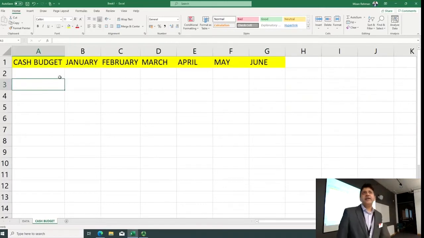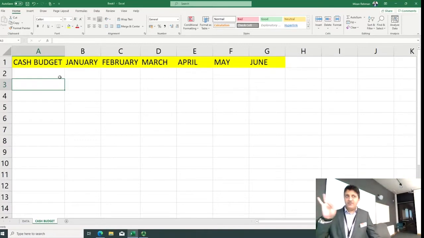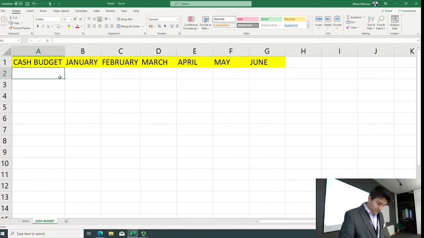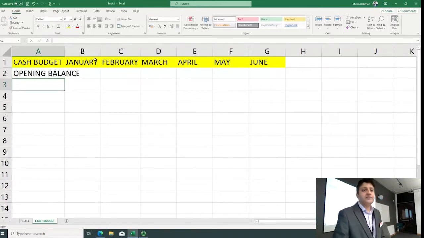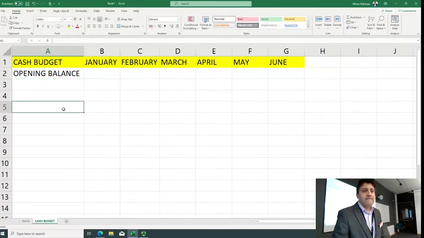A cash budget has 4 elements: opening balance, inflows, outflows, closing balance. So let's start with opening balance. What is our opening balance? 50,000.